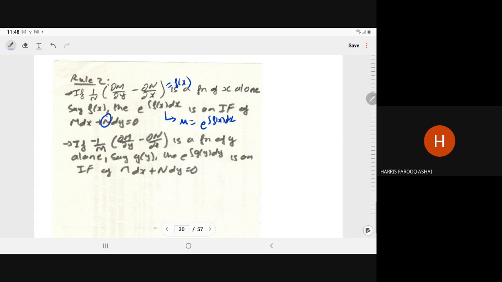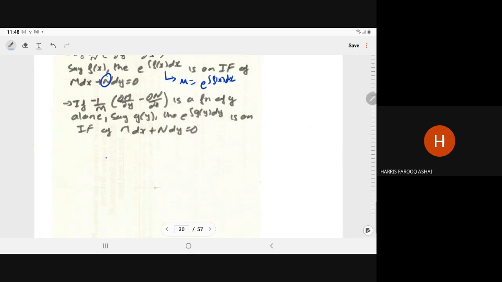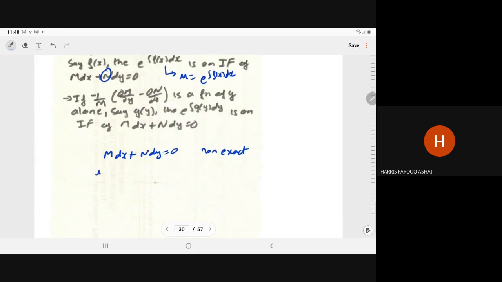Sir, can you repeat rule 2 again? I am saying that if we have M dx plus N dy is equal to 0, any non-exact equation, in this case we have to multiply with the mu on both sides to make it exact.